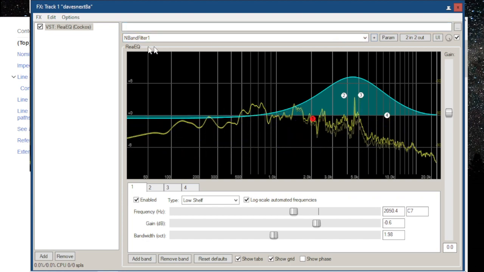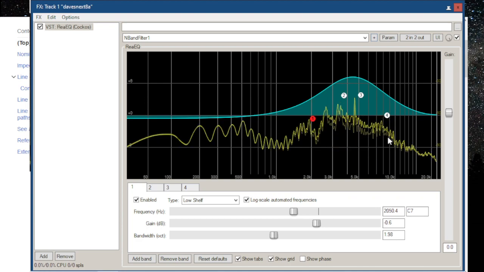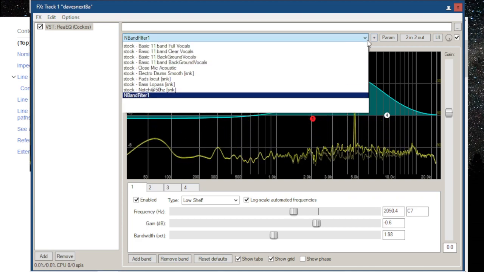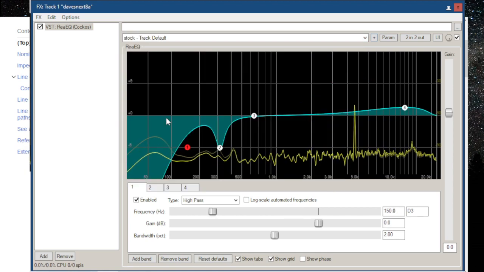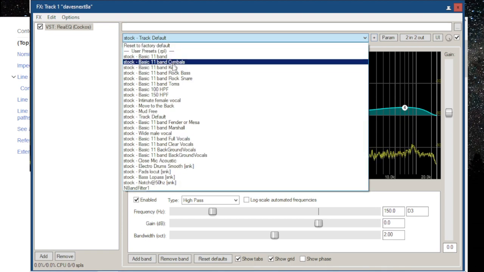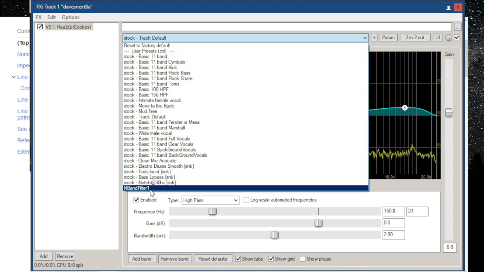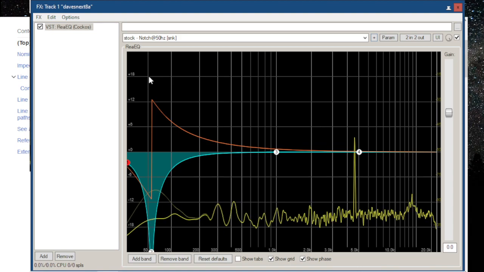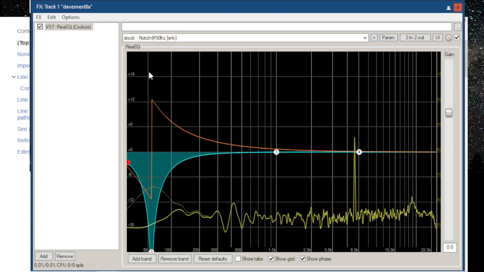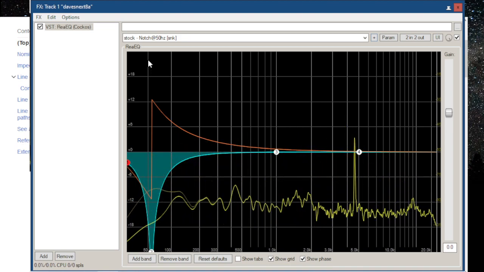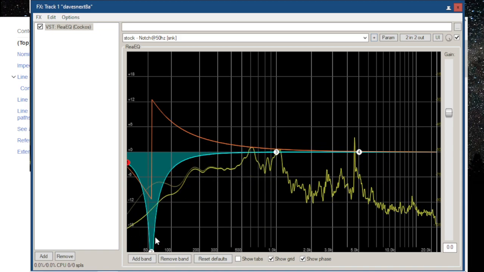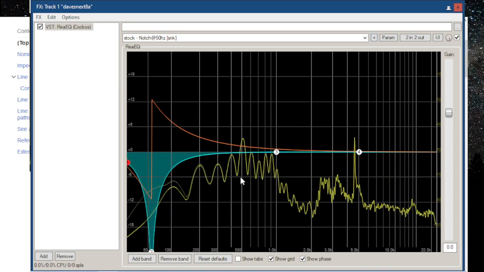Let's see if we can get a flat response and do a frequency test here. So this particular filter drops out the hum noise and filters out the lower stuff.